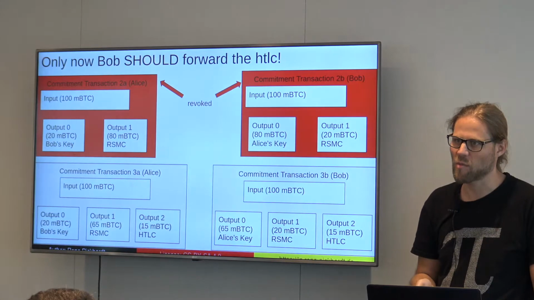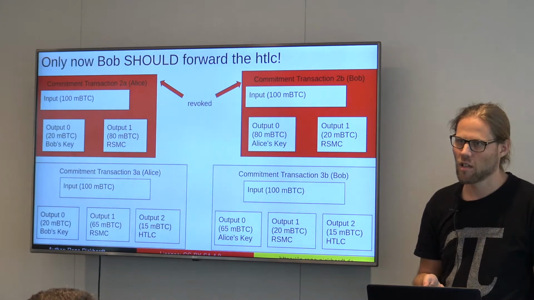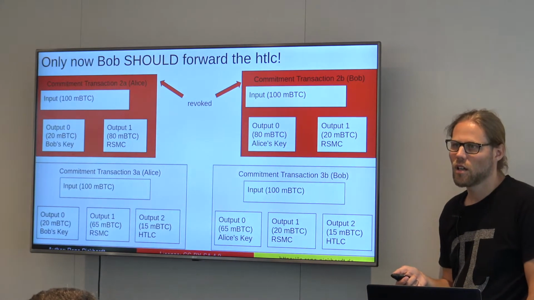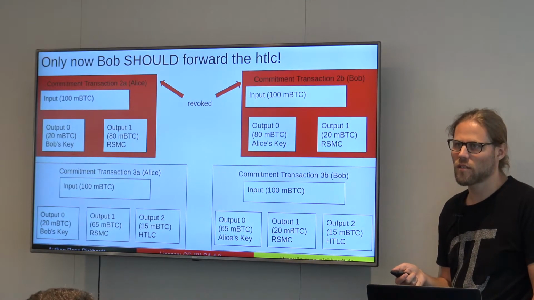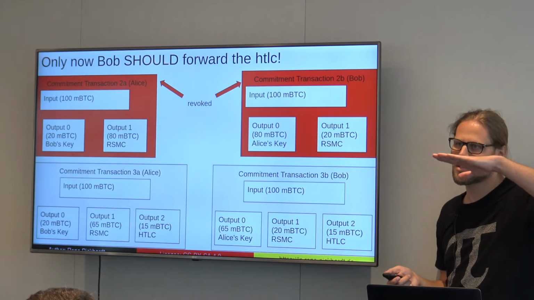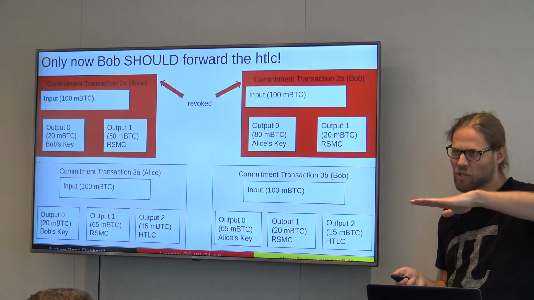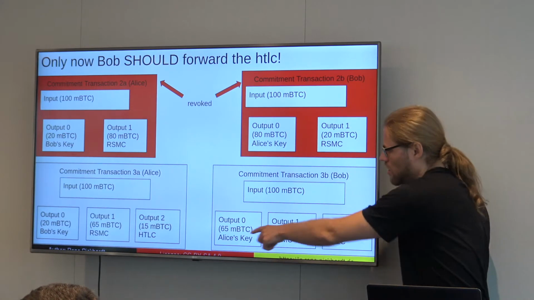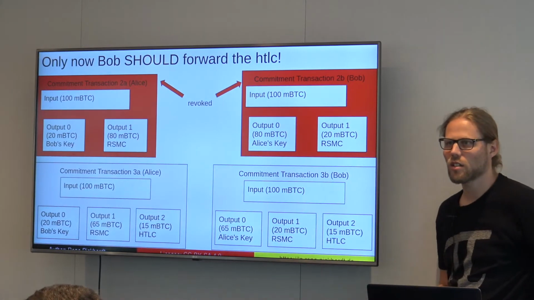So you don't need to remember the payment hash. I think the revocation key is on the level of the commitment transaction, and then all the outputs have the same revocation key.